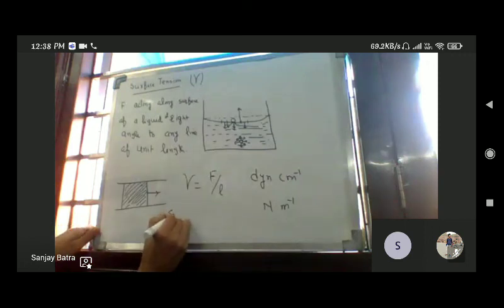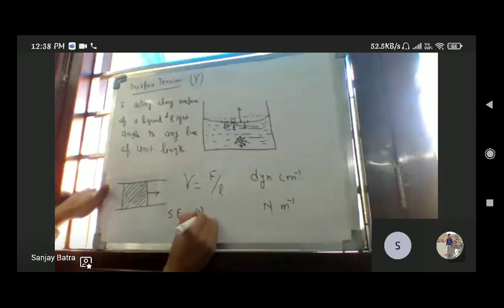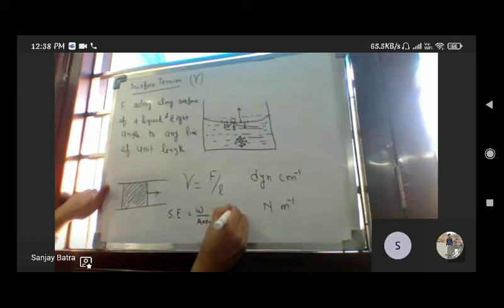This surface energy, since it is work done, amount of work done to increase area by unity, तो ये W by area आ जाता है ऐसे, work done per unit area, and this is further equal to force into distance divided by area.